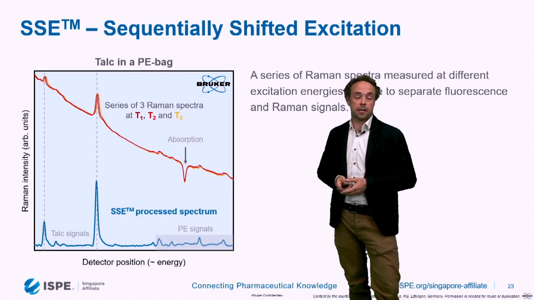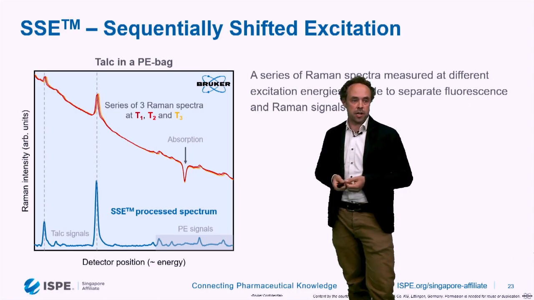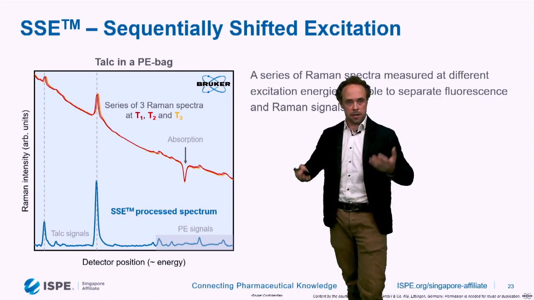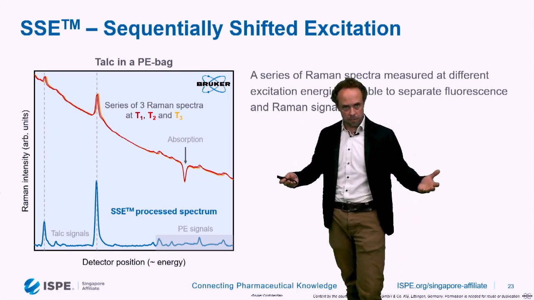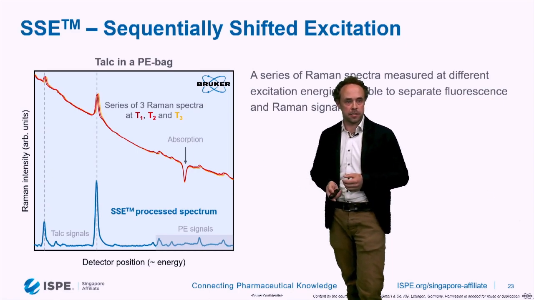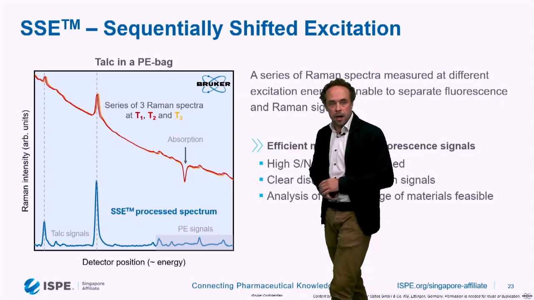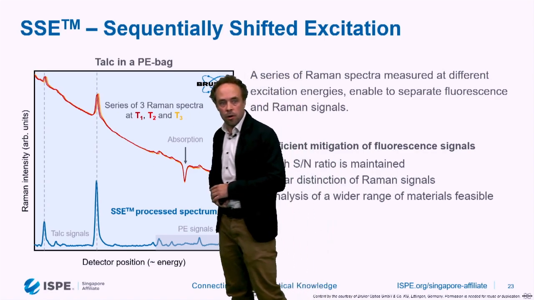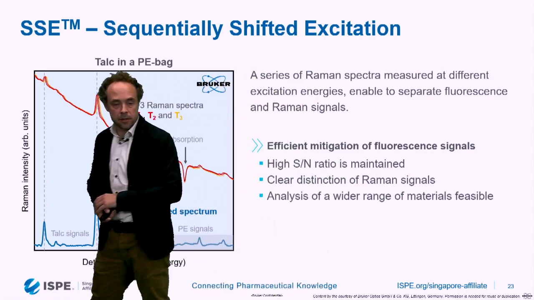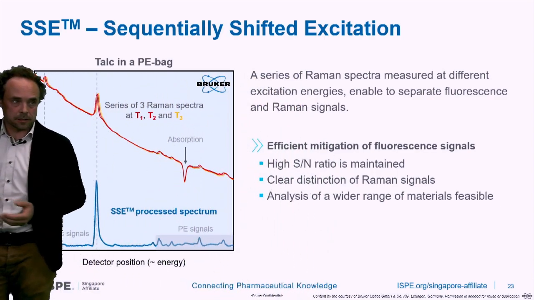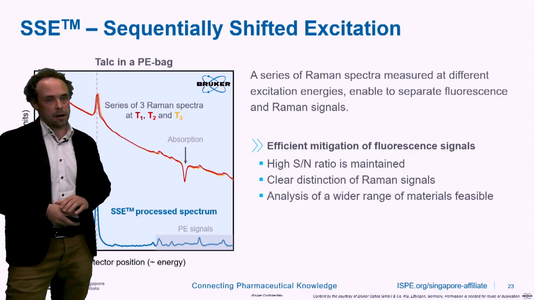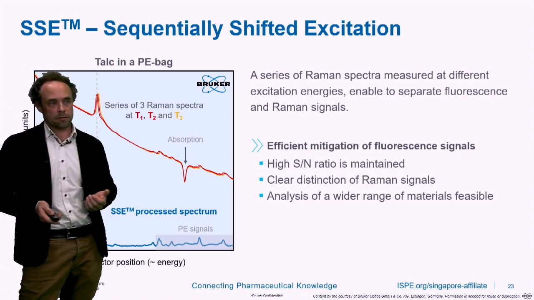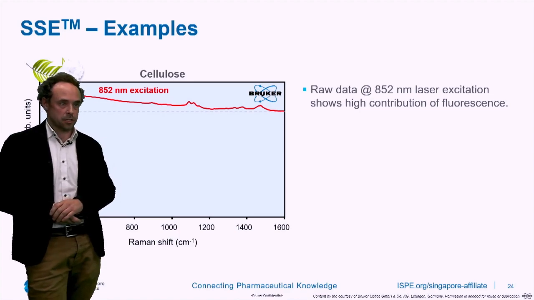Therefore, with a mathematical algorithm, we can extract the Raman signals from fluorescence or any background signal, all while maintaining a high signal to noise ratio. We can clearly distinguish the Raman bands, and at the end, we can analyze typically a wider range of materials because of the fluorescence mitigation.